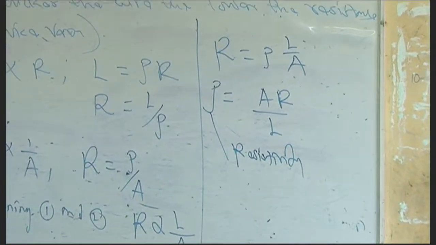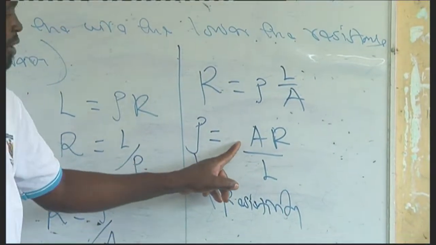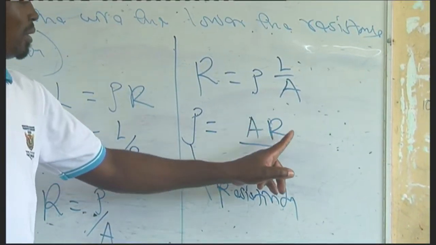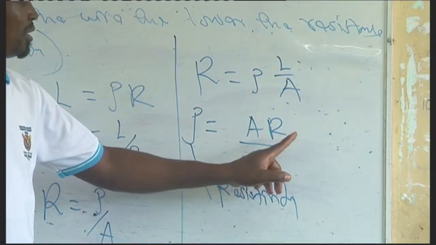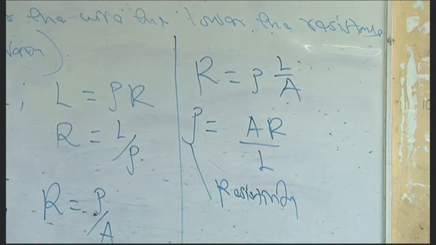Resistivity is given by the cross-sectional area, times resistance, divided by length.